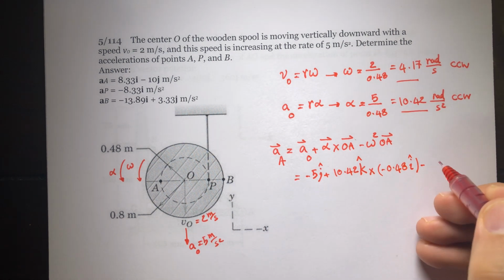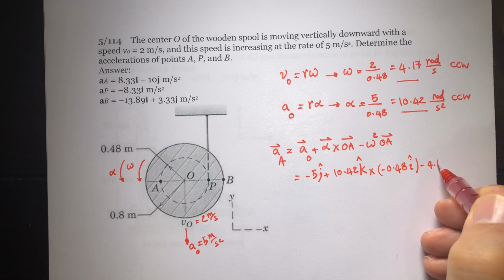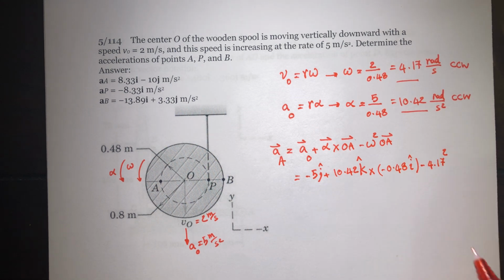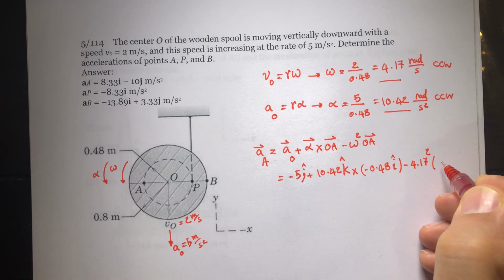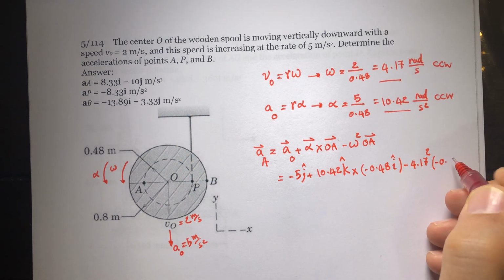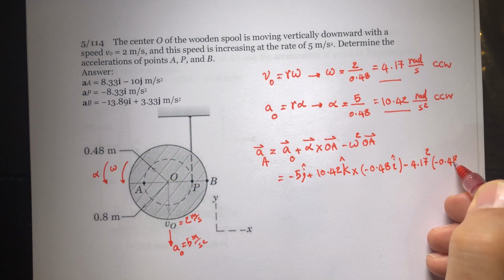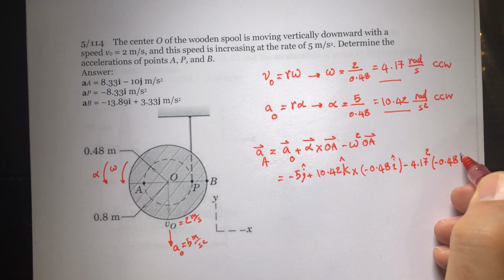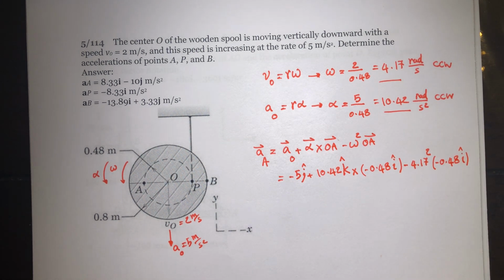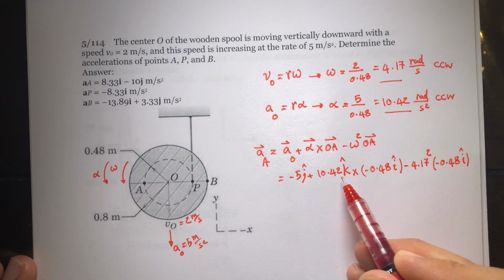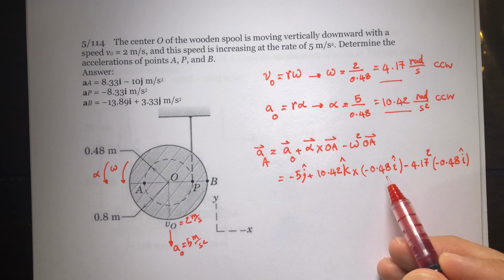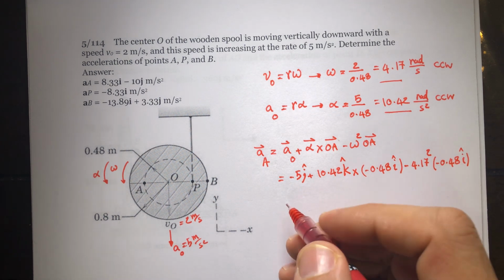Minus omega squared, 4.17 squared, times OA, again negative 0.48 i hat, which is quite easy. The only thing we have here is a cross product. k cross i is j.